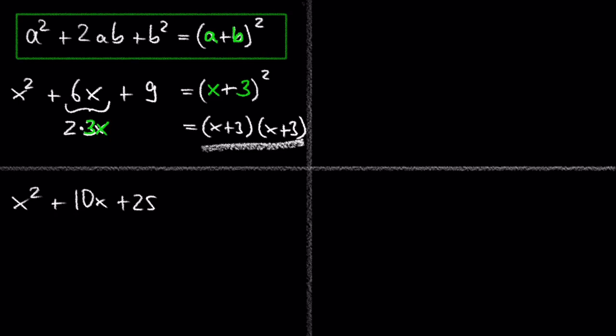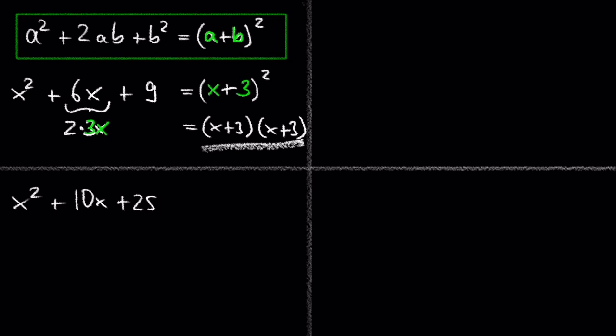How do we know if this is a perfect square trinomial? We take the square roots of x squared and of 25, which are x and 5. Is the product of x and 5, which is 5x, the half of 10x? Yes, it is. So x squared plus 10x plus 25 is a perfect square trinomial.